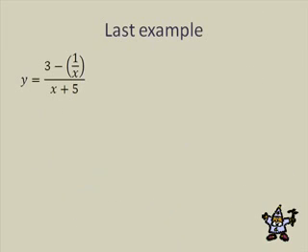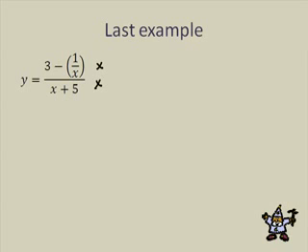Okay, I'm going to give you one last example here. Now in this particular case, we are going to have to use the quotient rule, but I'm going to rewrite it a little bit. So instead, one way to do this is just think of the numerator as 3 minus x to the negative 1. Well, I'm going to simplify it even a little bit more by multiplying by x over x.